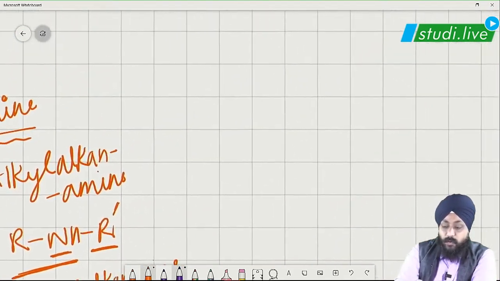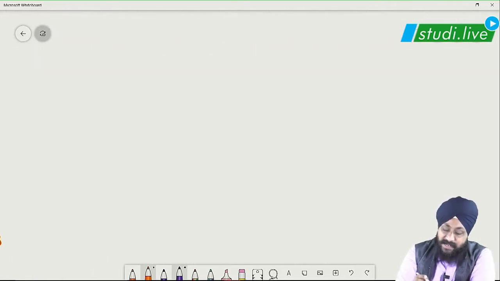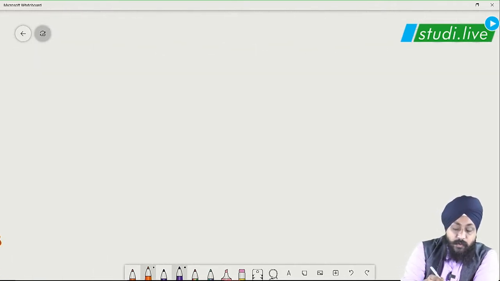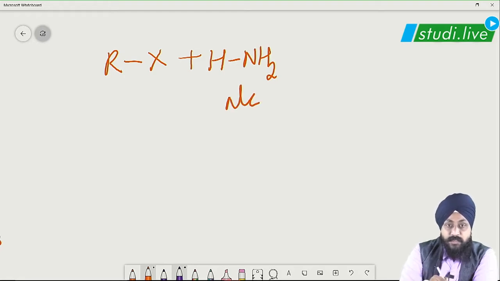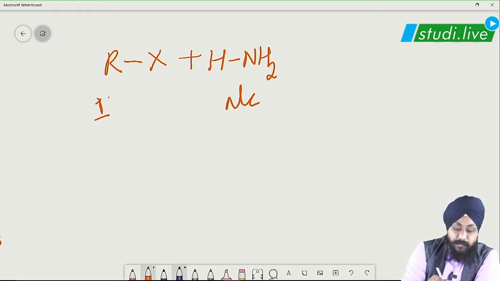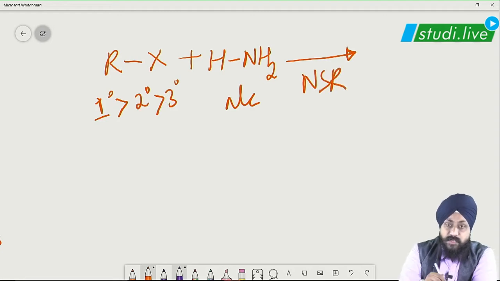What happens in this ammonolysis of alkyl halide? You take the alkyl halide and react it with alcoholic ammonia, and the order is primary greater than secondary greater than tertiary. It will undergo a nucleophilic substitution reaction.